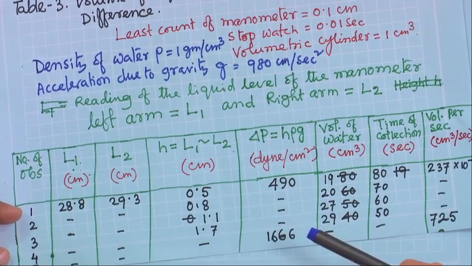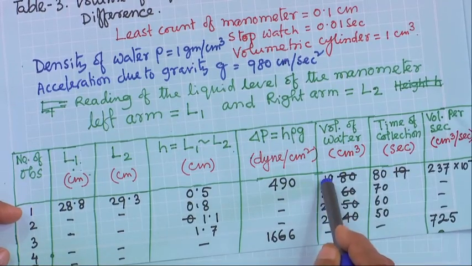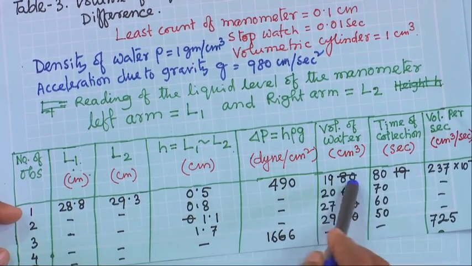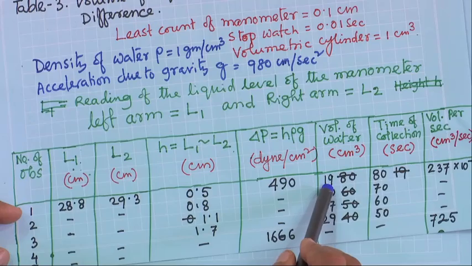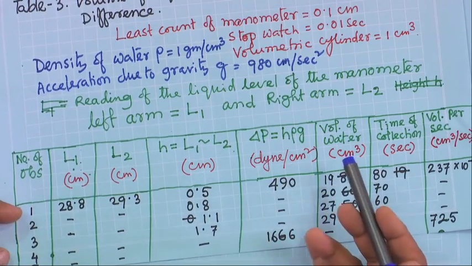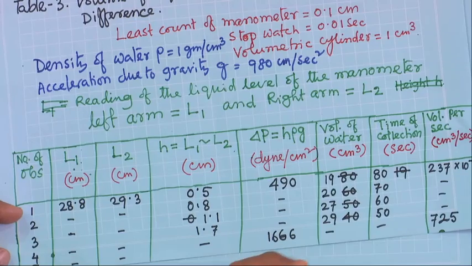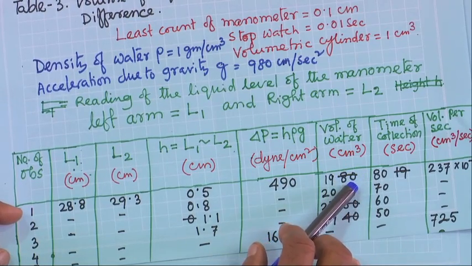It is better, but since here this 20 milliliter is a good amount of water, whether you take 20 milliliter or 50 milliliter, if you collect more and more, you have to be optimized.